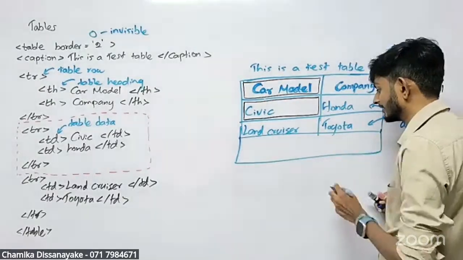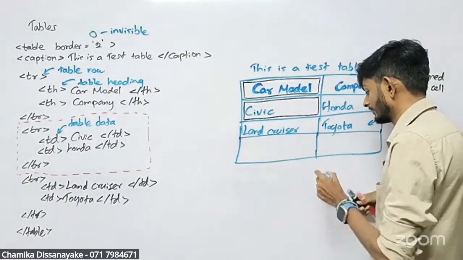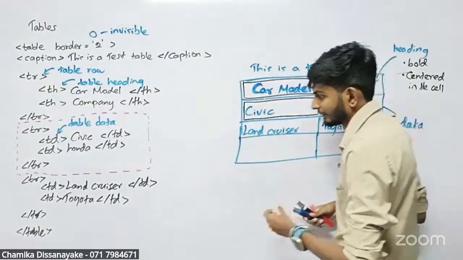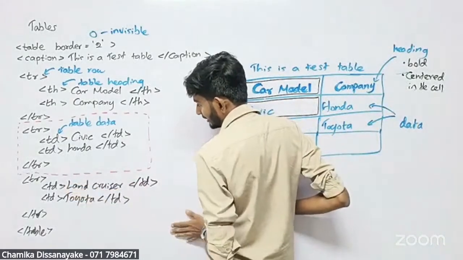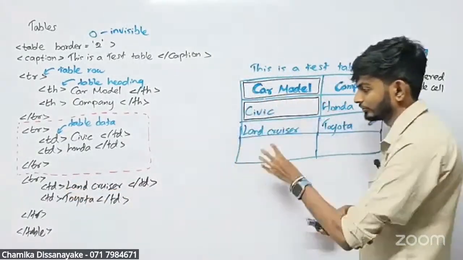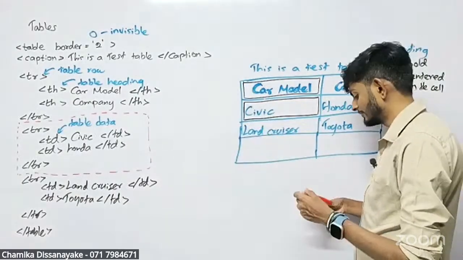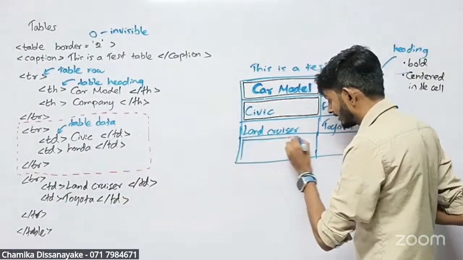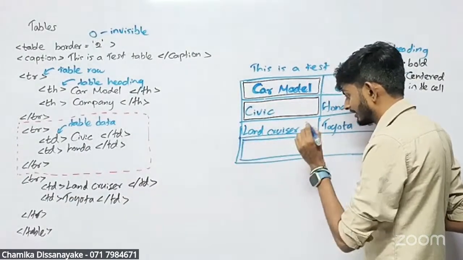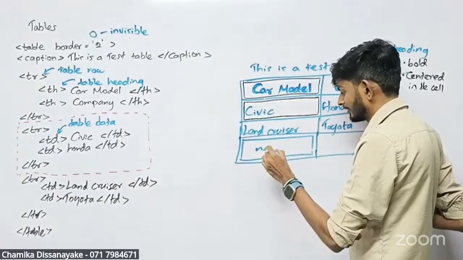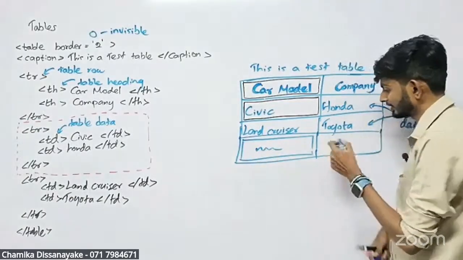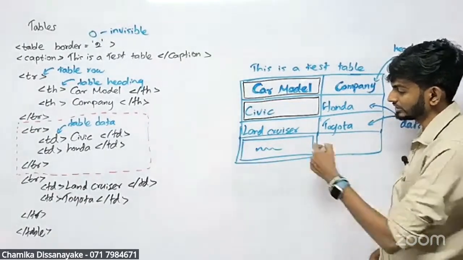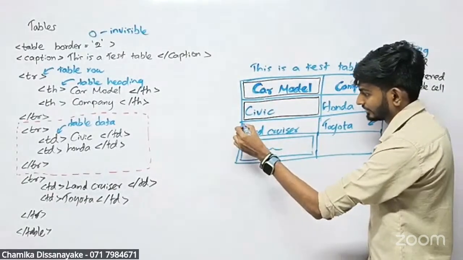I'm going to create another row, but I'm going to include only one data. So this first row will have data like this. It will have this cell and some data. And for the second row, we will not have any cell. Okay, I will draw the cell for these things also.